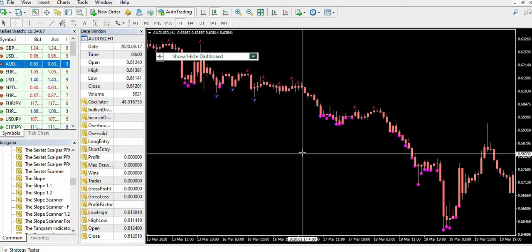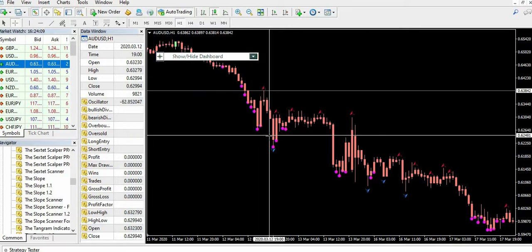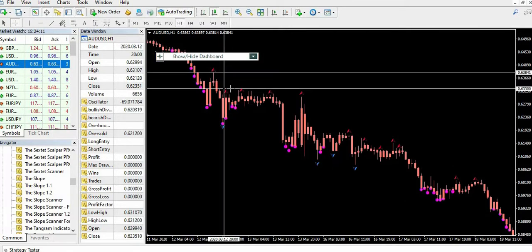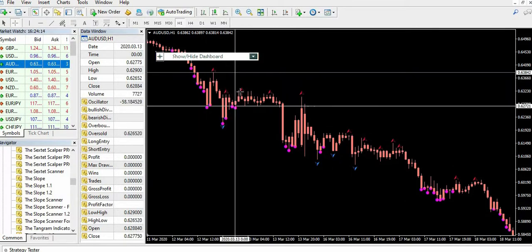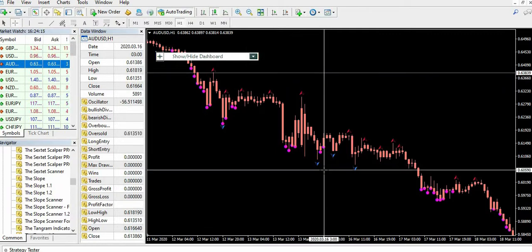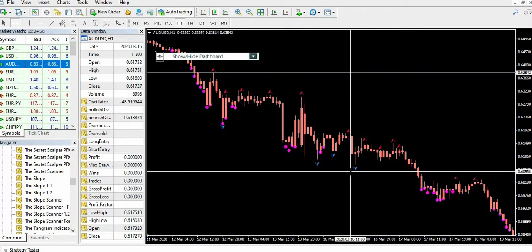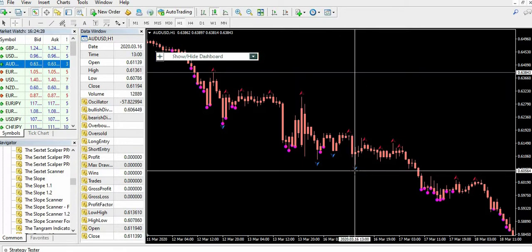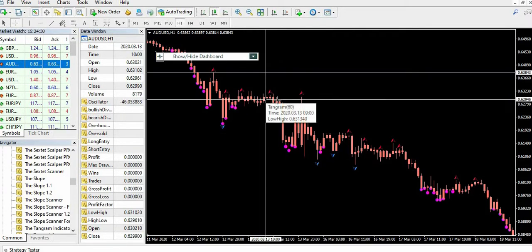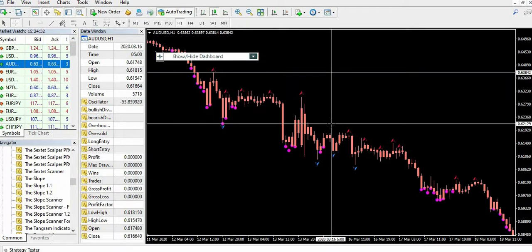Now the third type of signals we get with this indicator are these arrows here, the blue and red arrows, and they indicate divergences that are happening between the price and the oscillator. The blue arrows indicate bullish divergence, and the red arrows indicate bearish divergence.